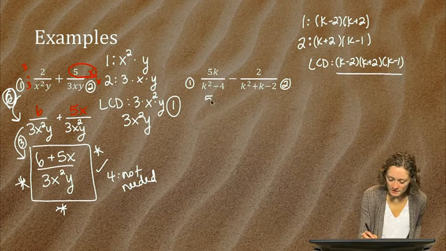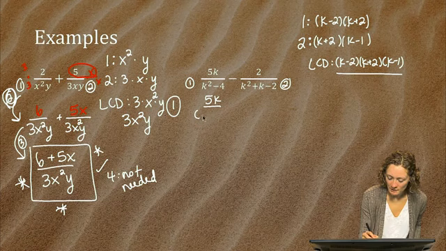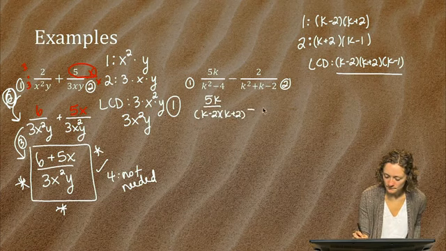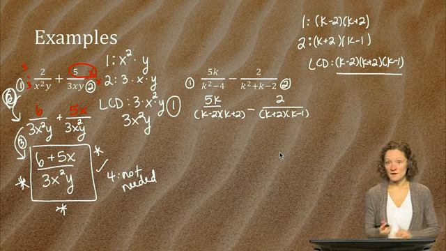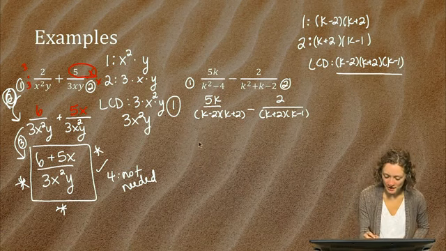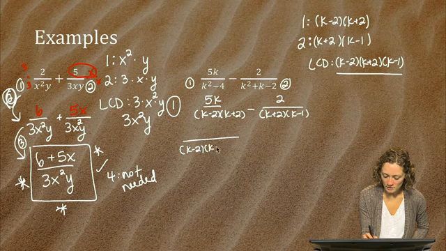So I'm going to write these fractions with their factored denominators to start out with. So we found an LCD. Now we want to convert each fraction to have that LCD. So each fraction will have all 3.